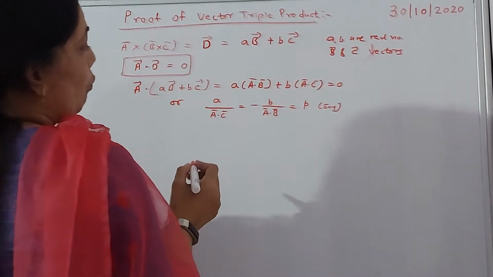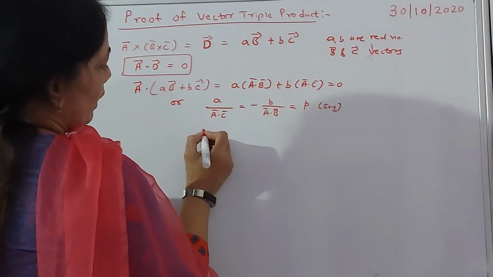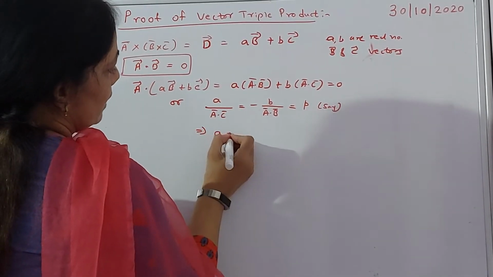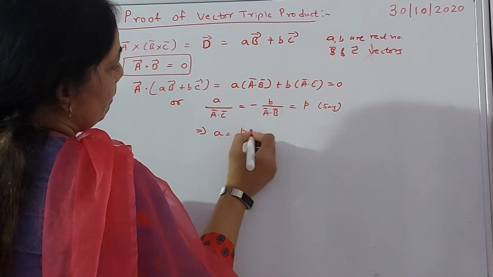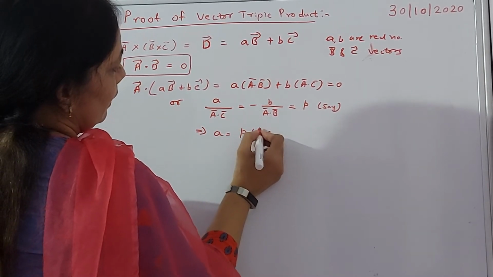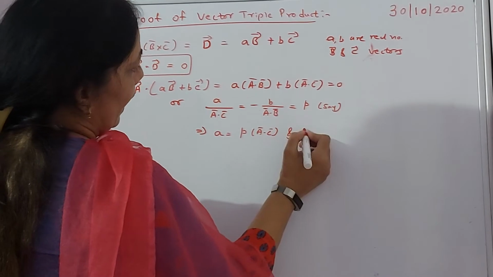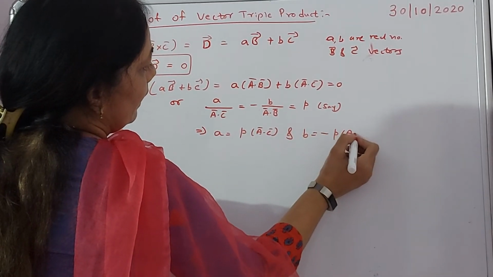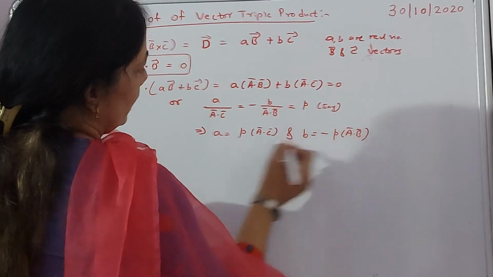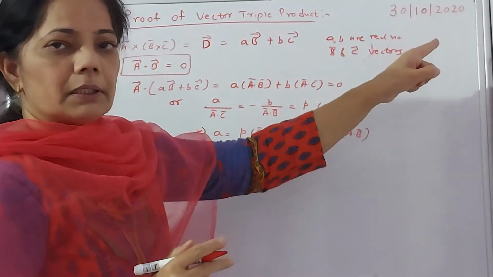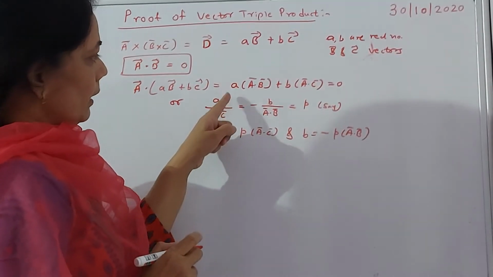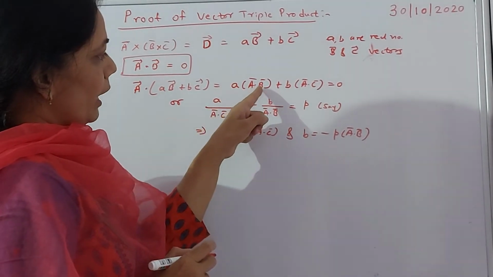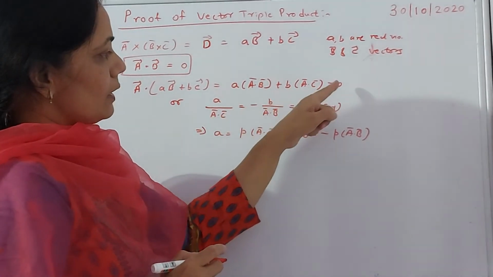Which means, what is the value of my small a? This implies small a is P into A dot C and b is equal to minus P into A dot B. a and b are the real numbers. So what we did over here: a into A dot B plus b into A dot C is equal to 0.